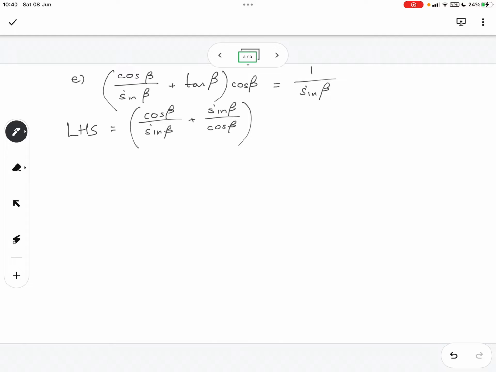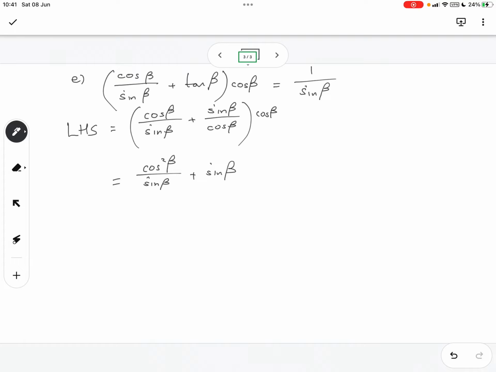So we can say cos beta over sine beta plus, remember tan is a quotient identity, and this is multiplied by cos beta.